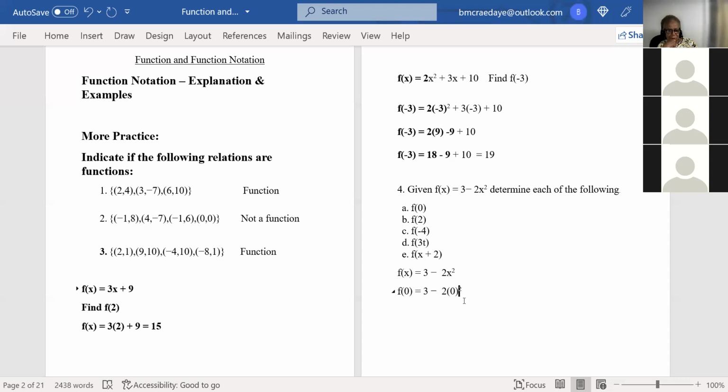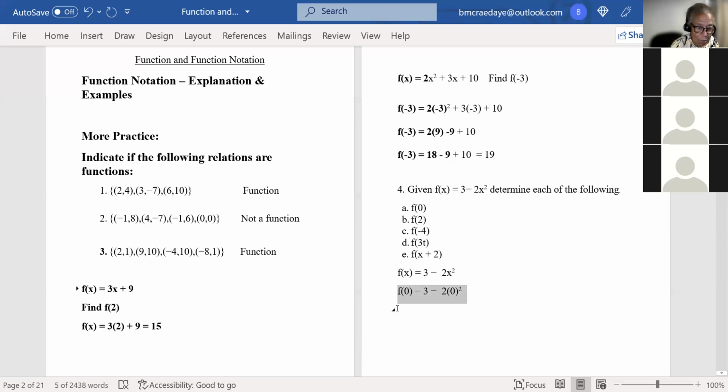Now, where are you getting 4? Wait a minute. You're only squaring the 0, Audrey. 0 squared, because x is 0. So 0 squared is 0. Then 2 times 0 is 0. So then you will have what? 3 minus 0. Just copy this here.